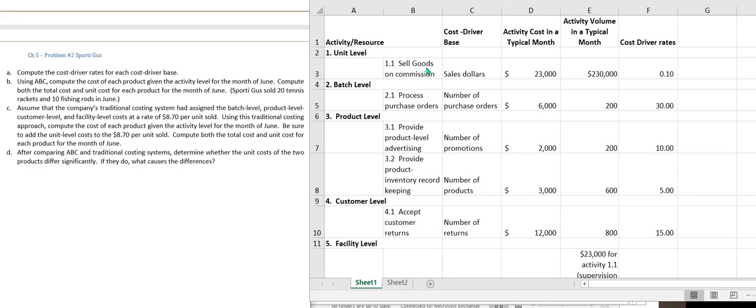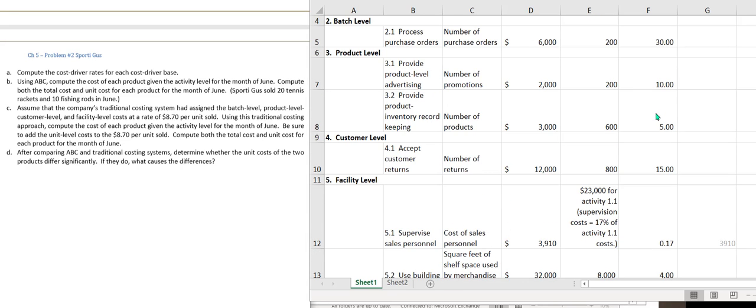For sales dollars, the typical activity cost is 23,000 and the volume is 230,000. So 23,000 divided by 230,000 is 10%, or 0.10. For purchase orders, the cost is 6,000. 6,000 divided by 200 is $30 per purchase order.